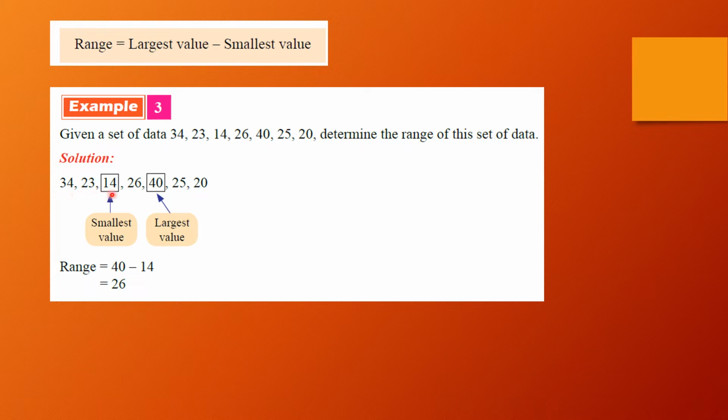From the data given, we identify first the smallest value and the largest value. The largest value is 40 and the smallest value is 14. So to find range, we take the largest value 40 minus the smallest value 14. So 40 minus 14 is 26. So range is 26.